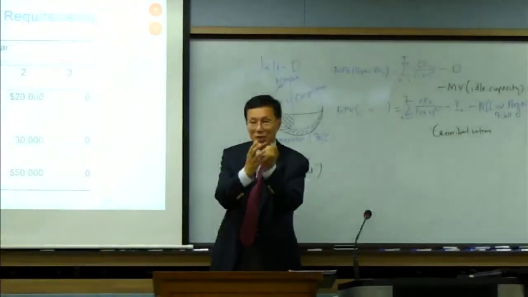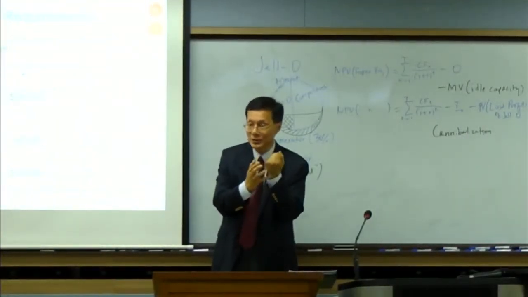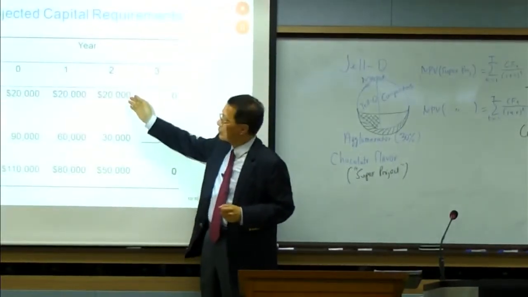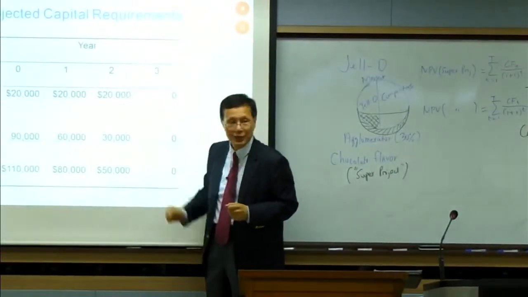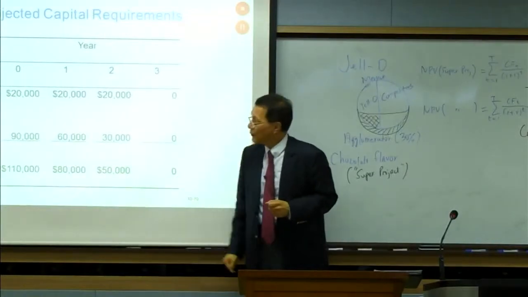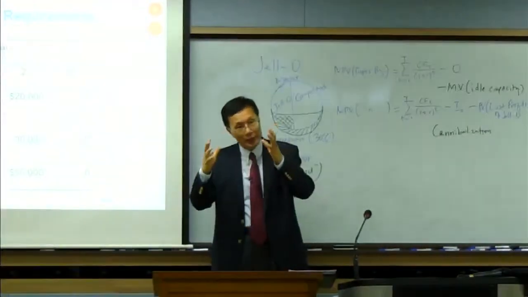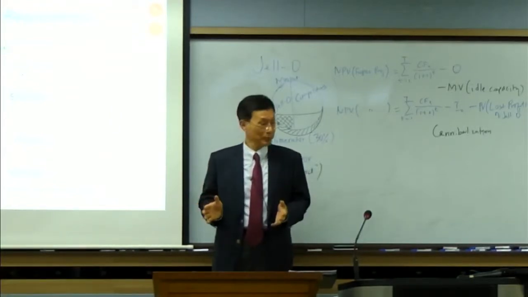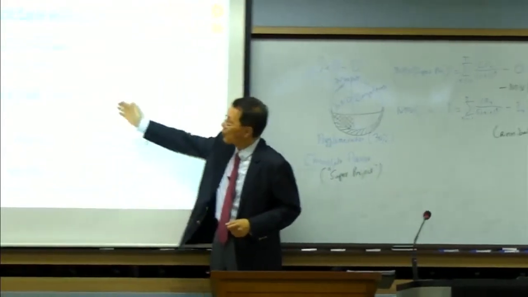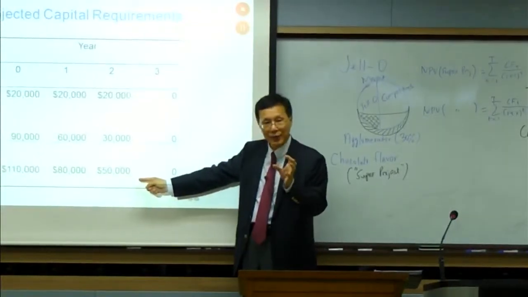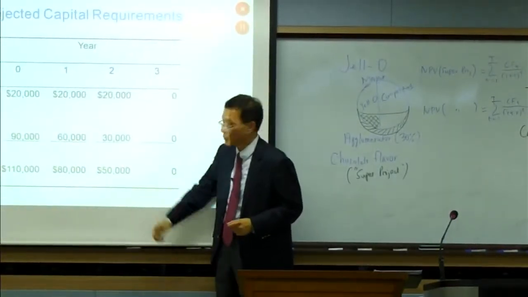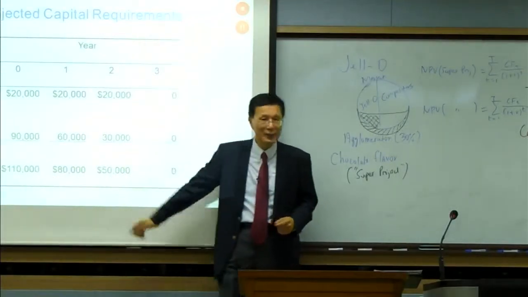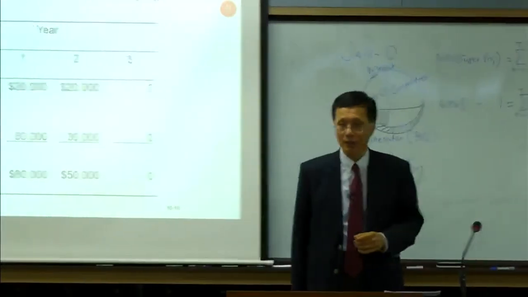Year 2, you still need net working capital of $20,000, and net fixed assets will fall by $30,000 to $30,000. Therefore, total capital within the firm will be $50,000. It started with $110,000, but it falls to $50,000.